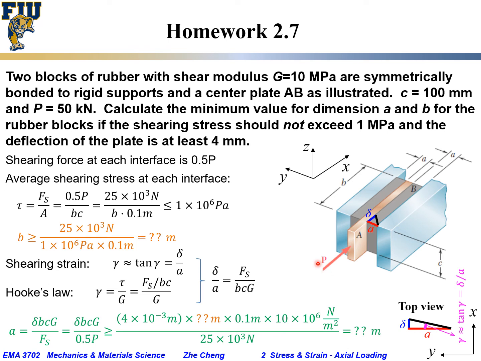We want to calculate the minimum value for dimension A, which you can view as the thickness of the rubber blocks, and B, which you can call the length of the rubber block. So B is along the x-axis, if we say, A is along the y-axis, and C is on the z-axis.